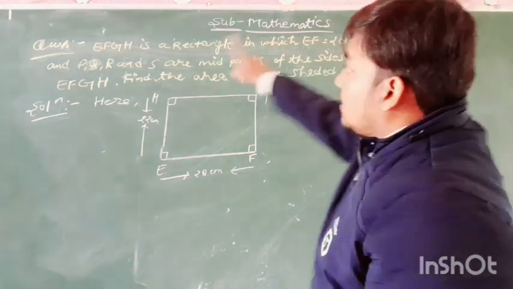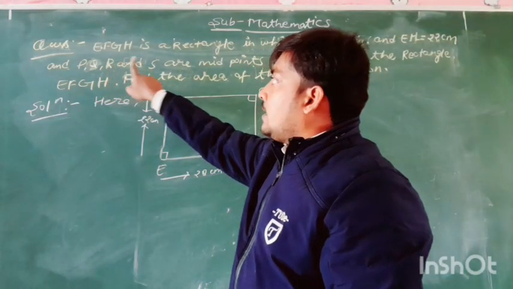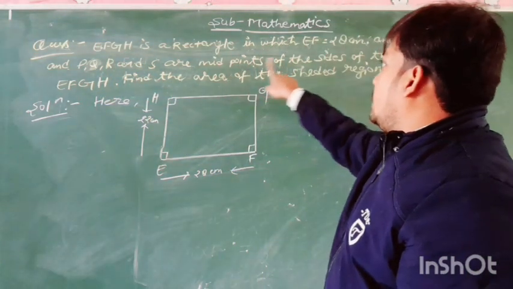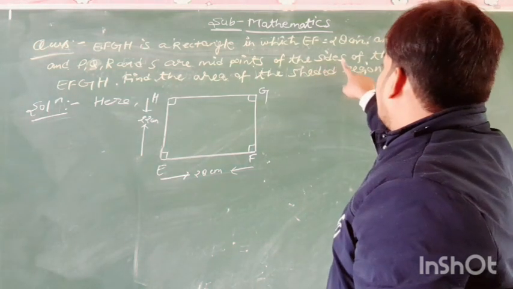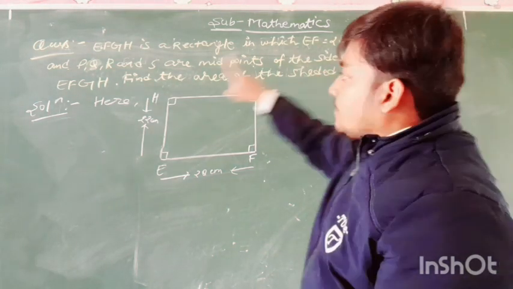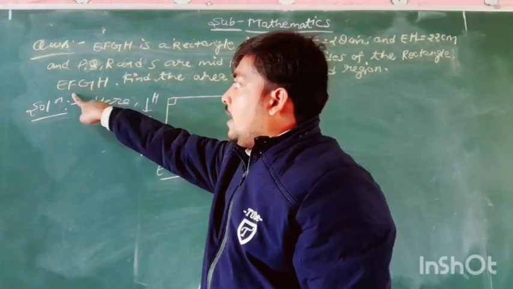P, Q, R and S are midpoints of the sides of the rectangle EFGH.